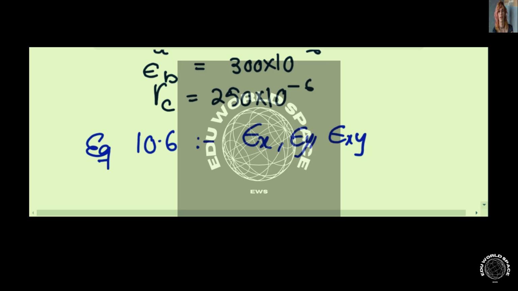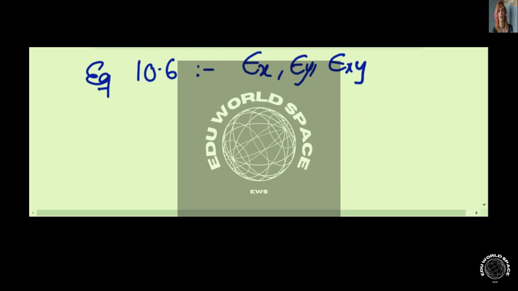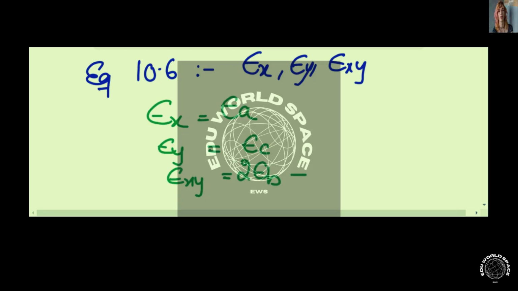Now, because the rosette is arranged in such a 45-degree pattern, equation 10.8 becomes: epsilon sub x is equal to epsilon sub a, epsilon sub y is equal to epsilon sub c, and epsilon sub xy is equal to 2 times epsilon sub b minus the sum of epsilon sub a and epsilon sub c.